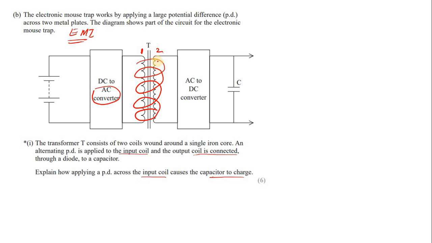That means in the second coil there is an EMF induced due to the change in flux, and this EMF causes an alternating current. But there is a diode connected, so the diode converts this alternating current into direct current, and this direct current goes to the capacitor, completing the circuit. So the current is used to charge the capacitor.